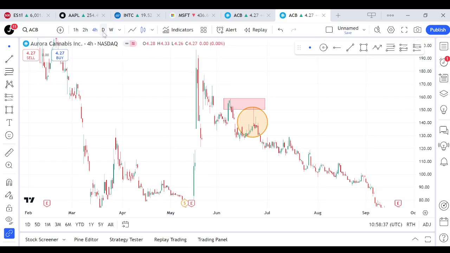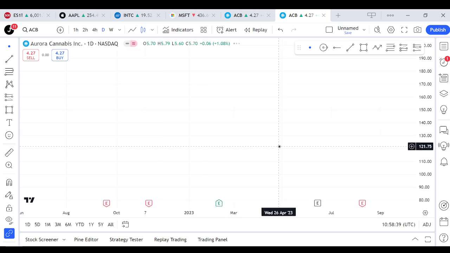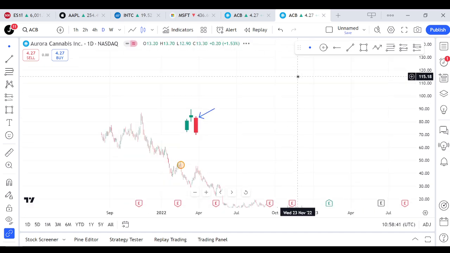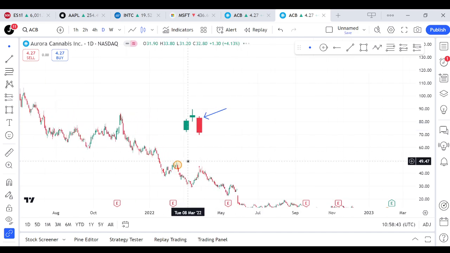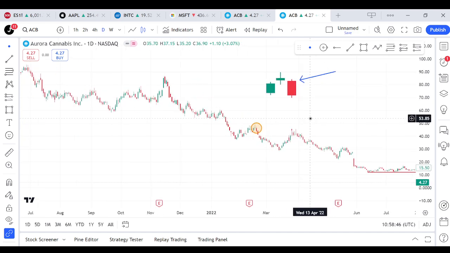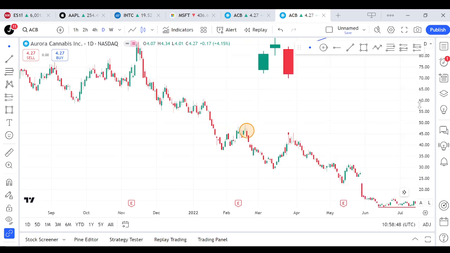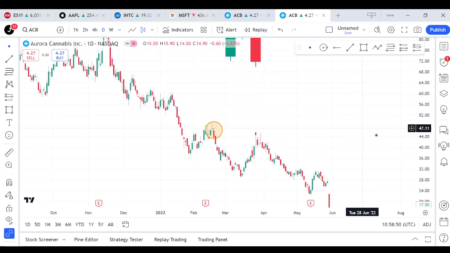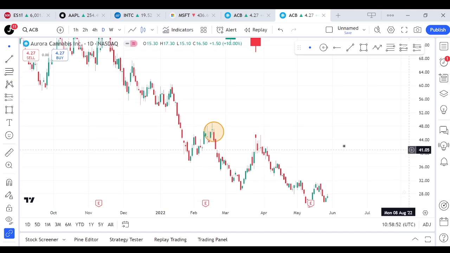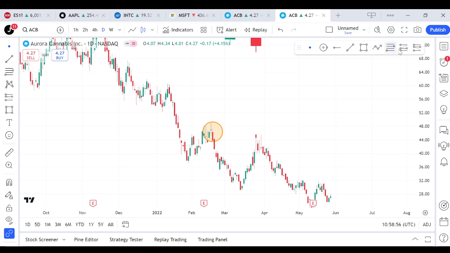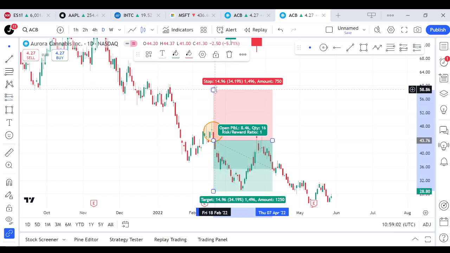So let's go to the daily time frame and look at our other examples. So this is our first example, and let's just talk about it. You can see the entry would be the close below the doji. So we're looking to enter here.